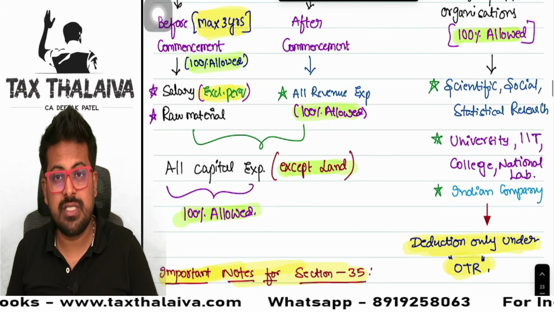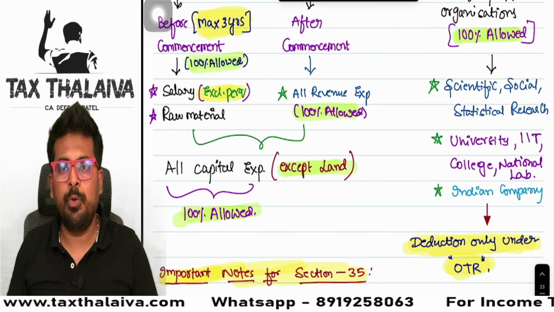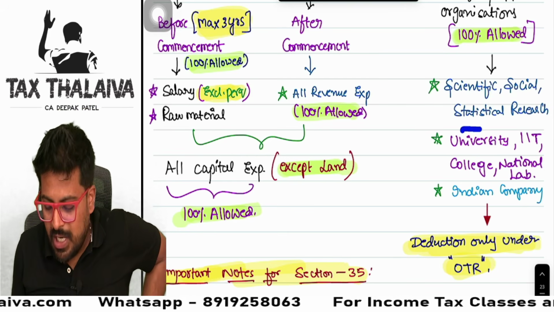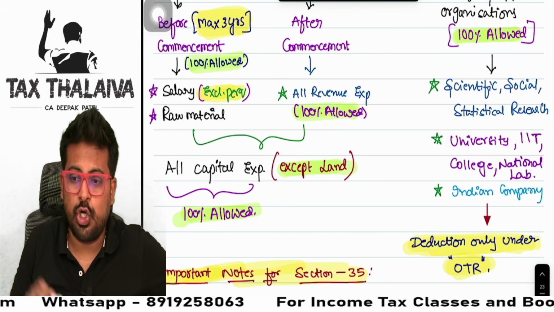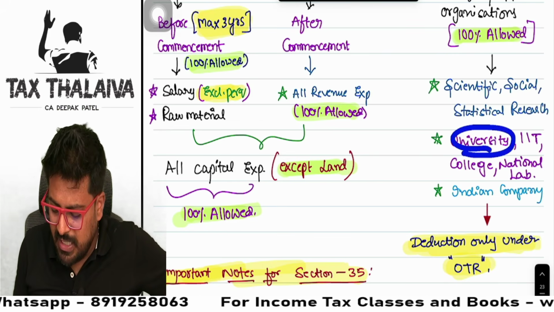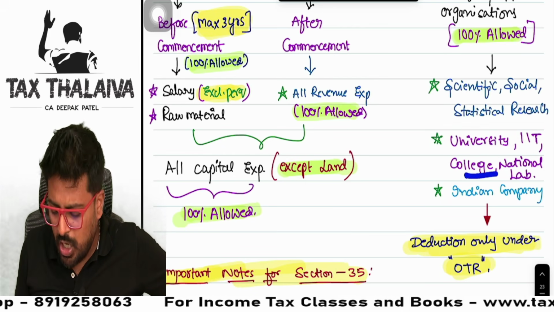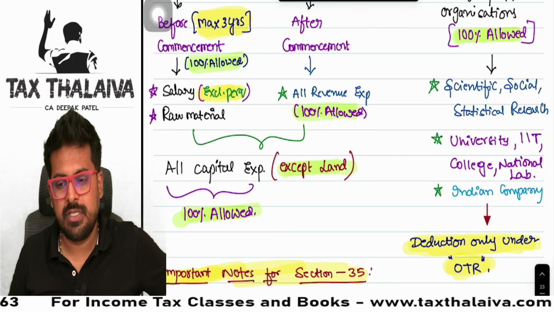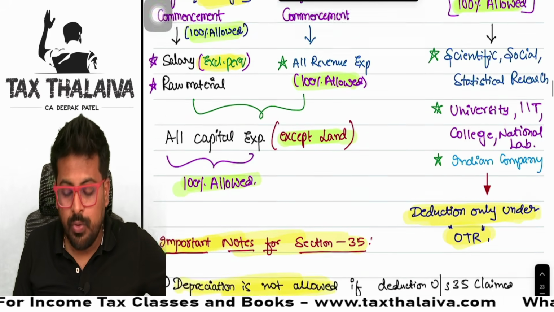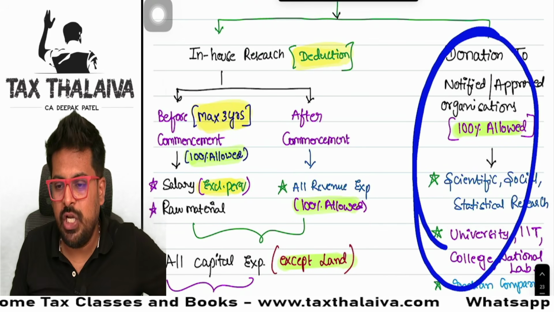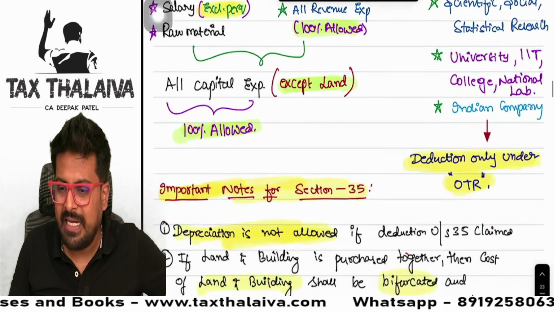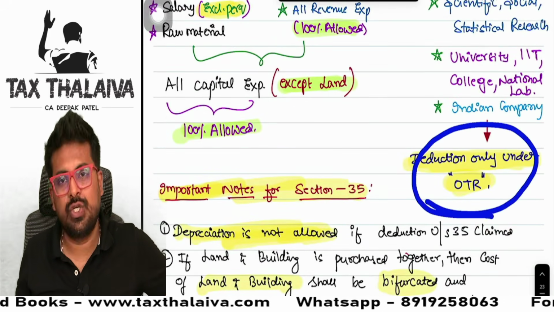Who are these organizations, sir, to which we can contribute or donate money? Scientific research or social research or statistical research organization, any university, Indian Institute of Technology, college, national lab, or any Indian company which is into research business. Mind you, this donation expenditure you can claim only if you are paying tax under the optional tax regime.